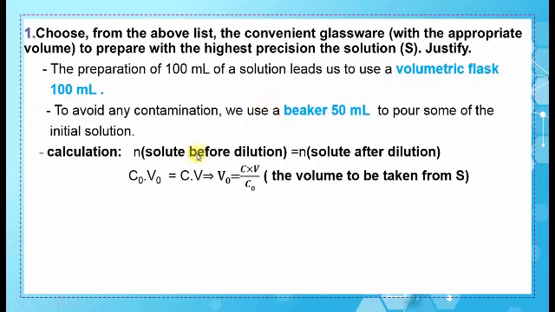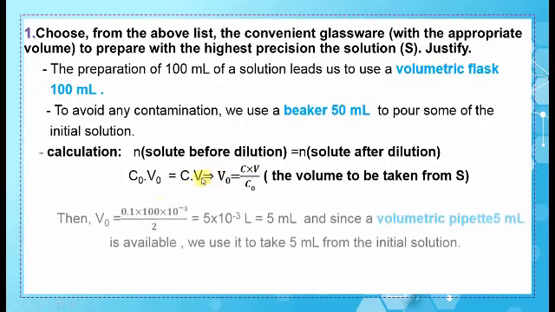Calculation. Number of mole of solute before dilution equals the number of mole of solute after dilution. C0 times V0 equals C times V. Then V0 equals C times V over C0. V0 is the volume that must be taken from S0.